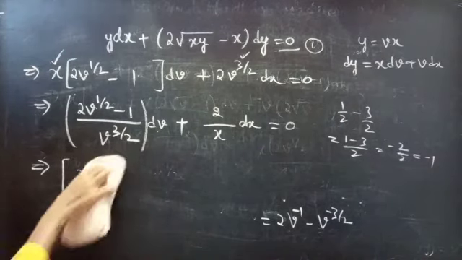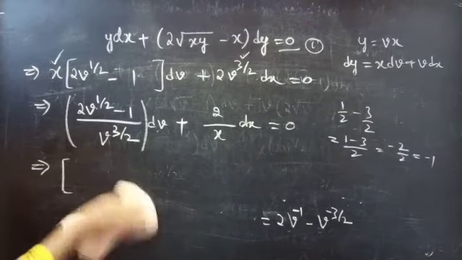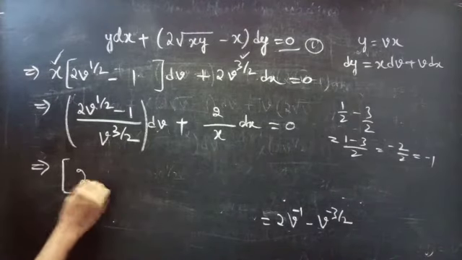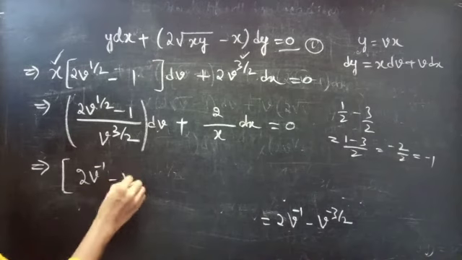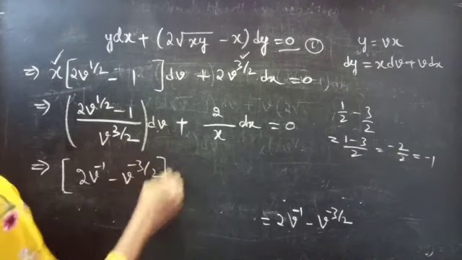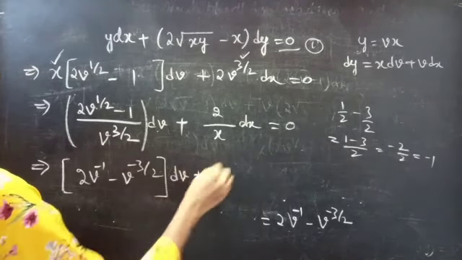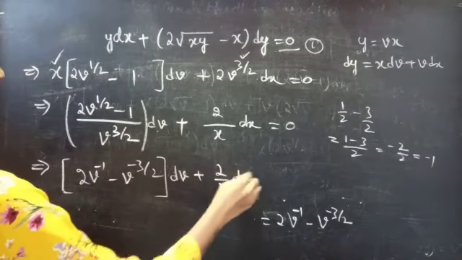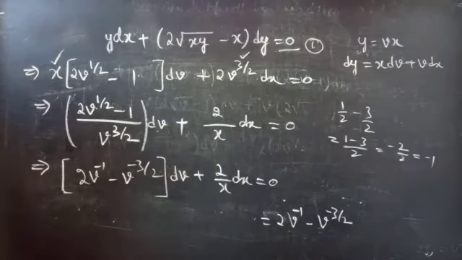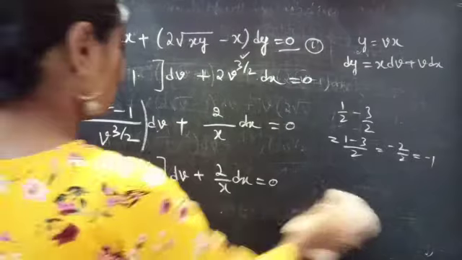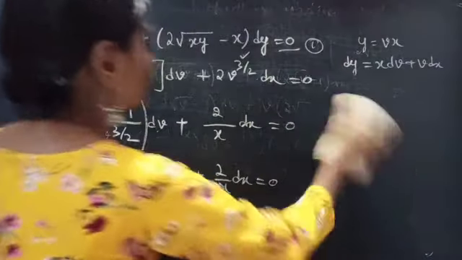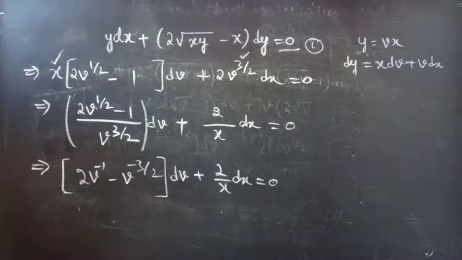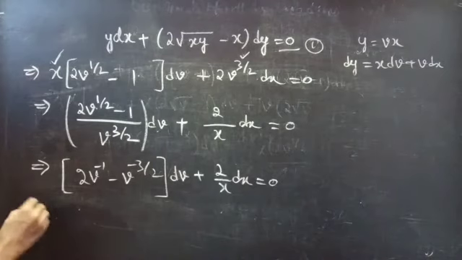You can write this as, write as it is, 2 into v inverse minus v power minus 3 by 2 into dv plus 2 by x into dx equals to c. So here the variables are separable, right? So now we can apply or perform integration.